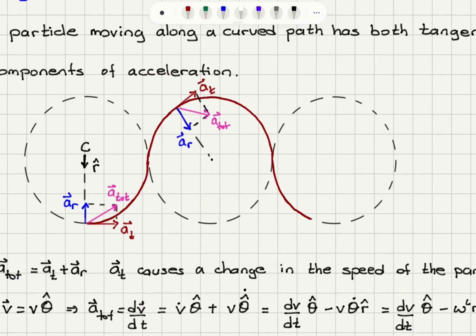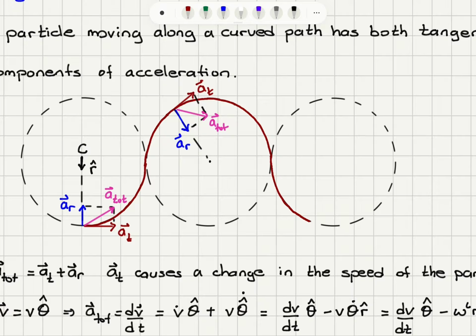So here is an example. You can see this particle is moving along this curved path, and we can draw a circle here, a circle here, and a circle here.